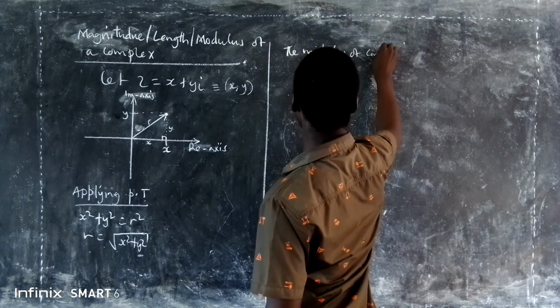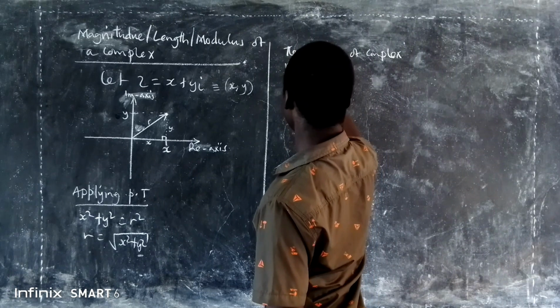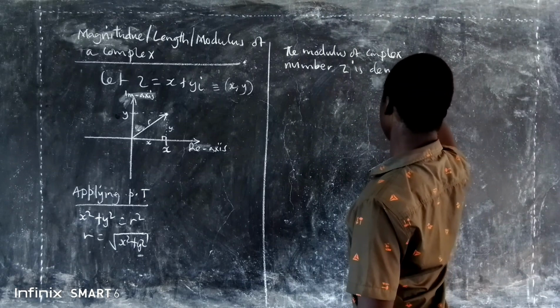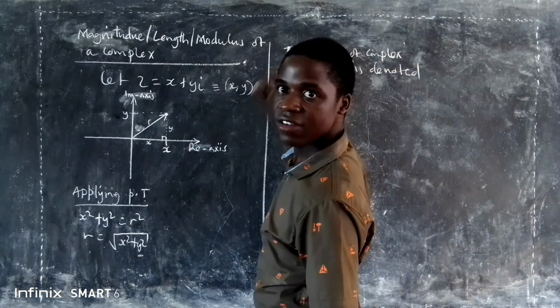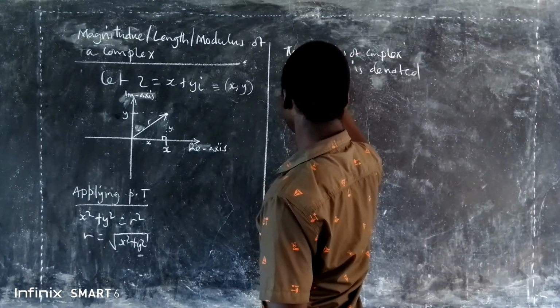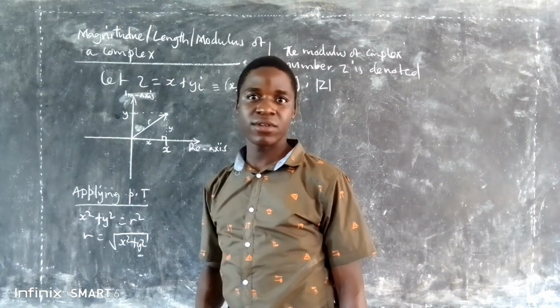The modulus of the complex number Z is denoted by Z magnitude. That's the modulus of the complex number.